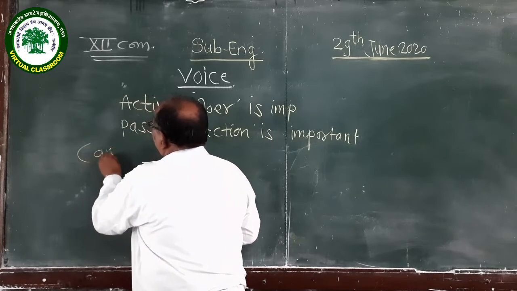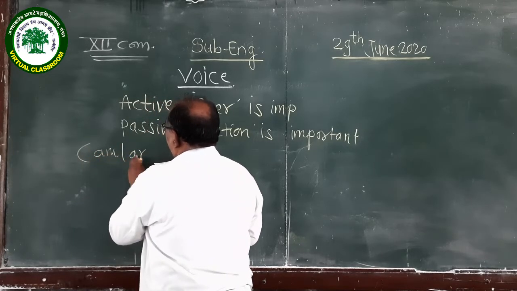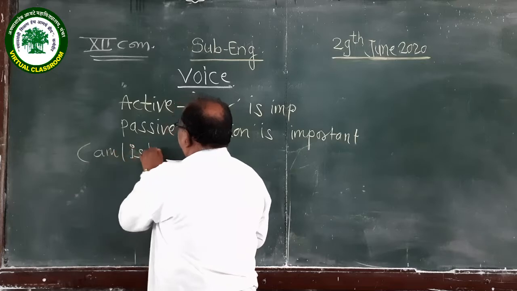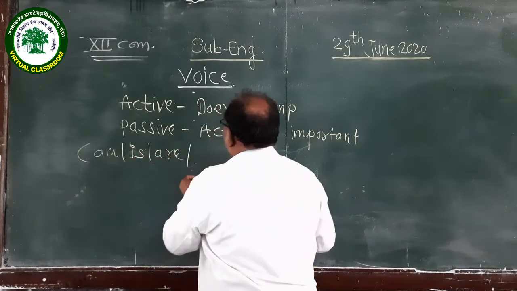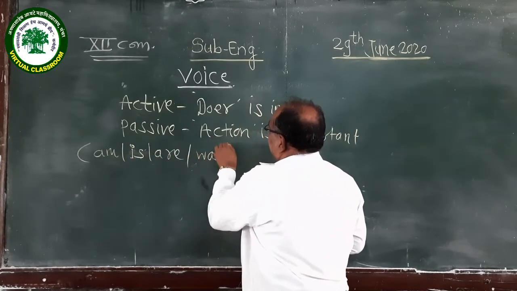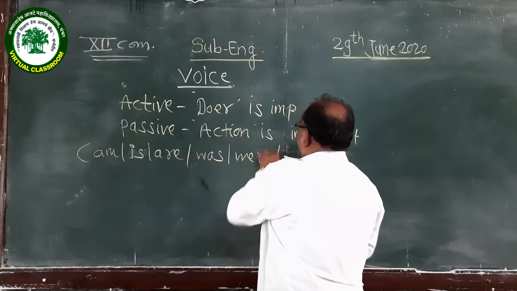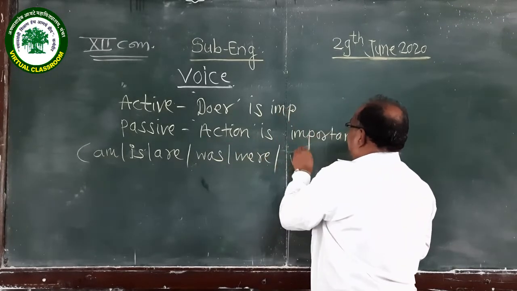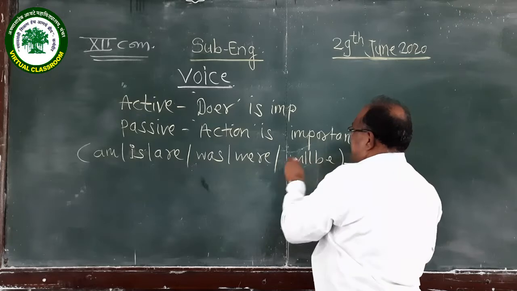In a simple present: am, is, are. In a simple past: was, were. And in a simple future: will be.